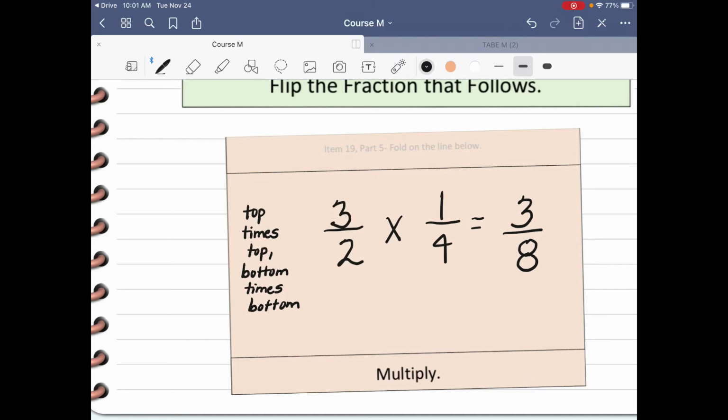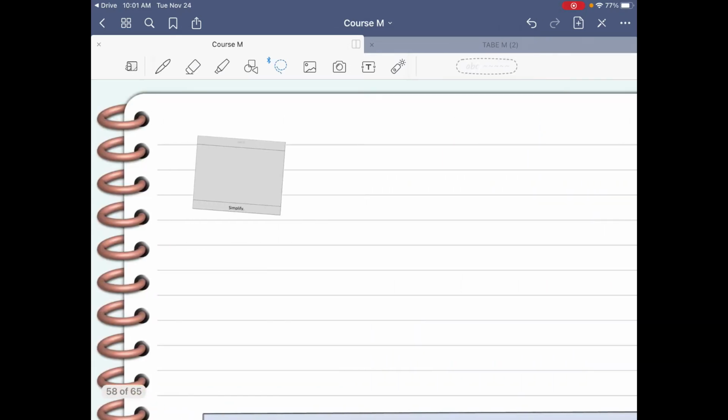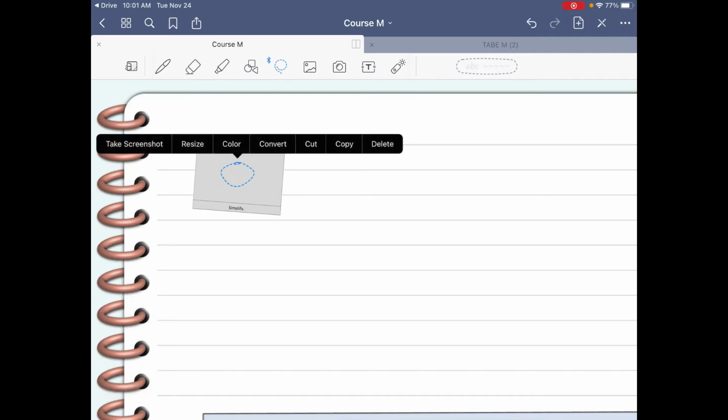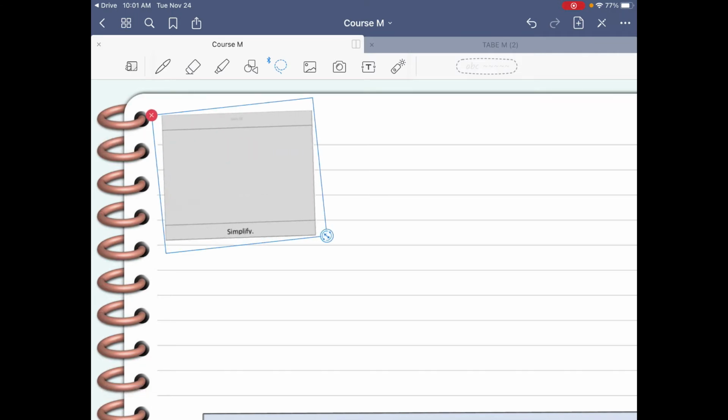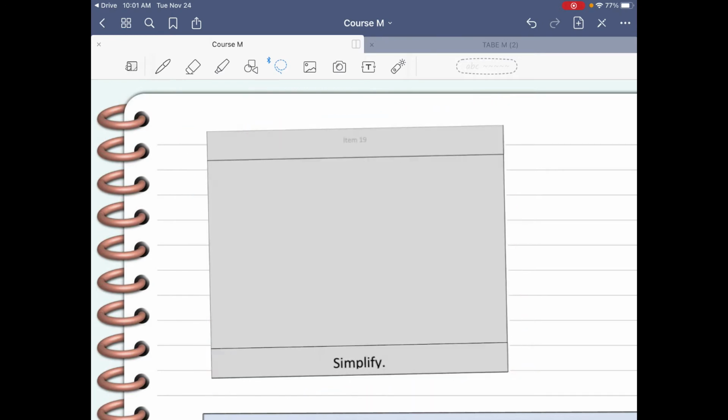And then finally, that last step is to simplify. And believe it or not, this one will not simplify. 3/8 is already lowest terms. So 3/8 was my answer, and it is lowest terms.